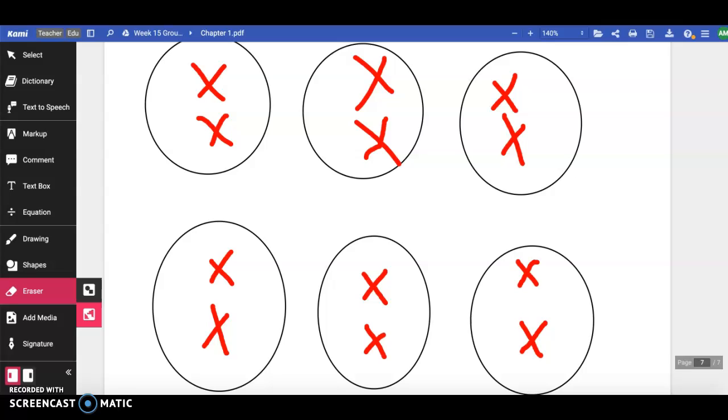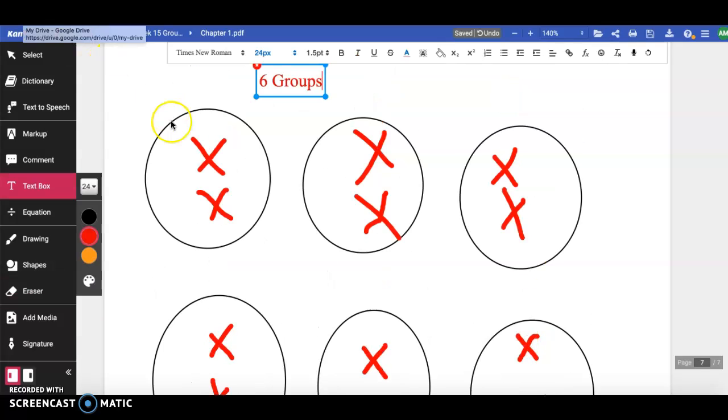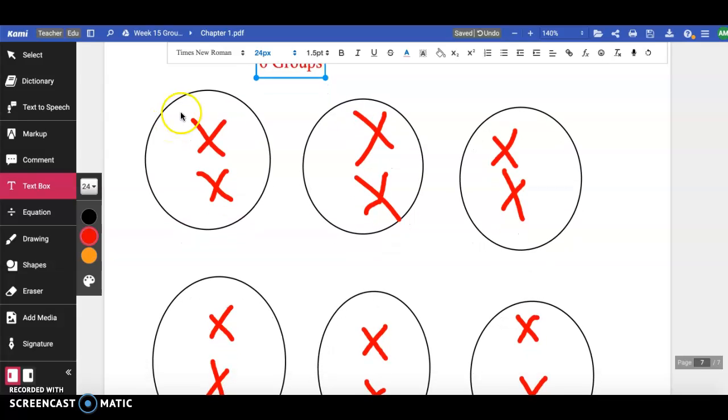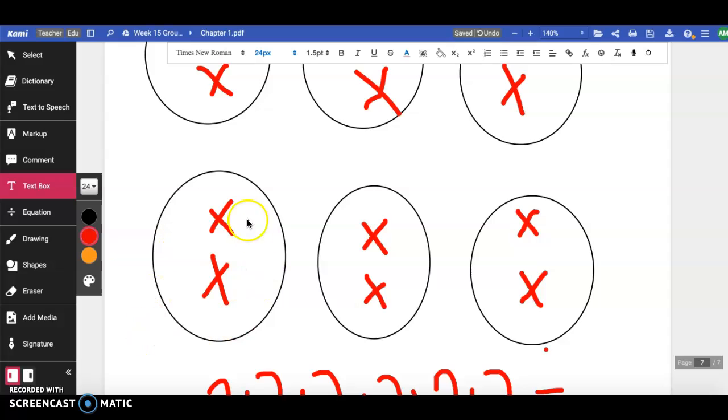All right, let's go ahead and take a look at this picture that I have for you guys right here. So go ahead and pause the video and share out how many groups you see. If you said 6 groups, you are exactly correct. There are 1, 2, 3, 4, 5, 6.